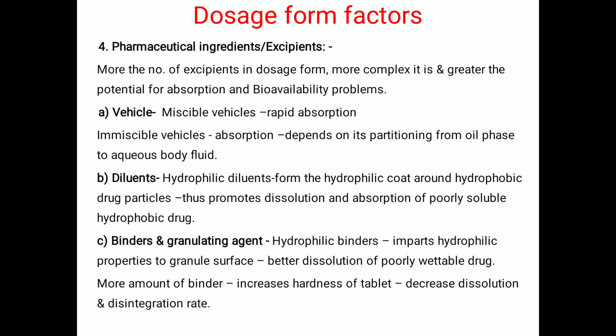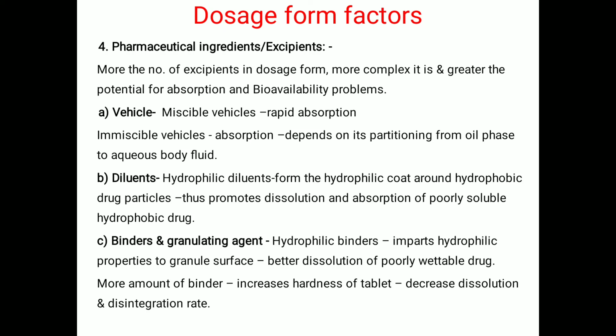First, vehicle. If miscible vehicles are used, then absorption will be rapid. If immiscible vehicles are used, then absorption mainly depends upon its partitioning from the oil phase to aqueous body fluids. That's why the vehicles used in the various liquid dosage forms are generally miscible ones, in order to have better absorption. Then diluents.